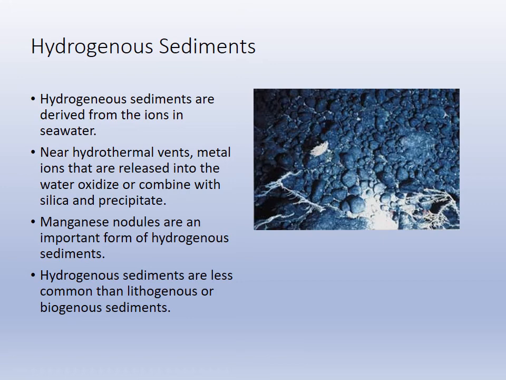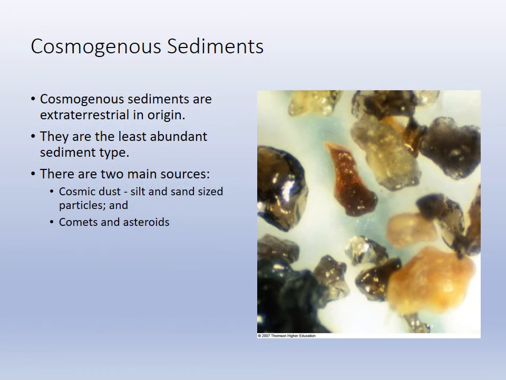The most common, or one of the more famous, are the manganese nodules of the deep. It's a metal that is precipitated out. We also can find some fossil fuels precipitate out called hydrates. And cosmogenous come from space. Notice how polished they are from flying through the atmosphere and being superheated.